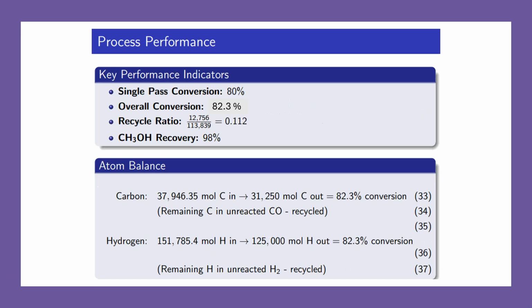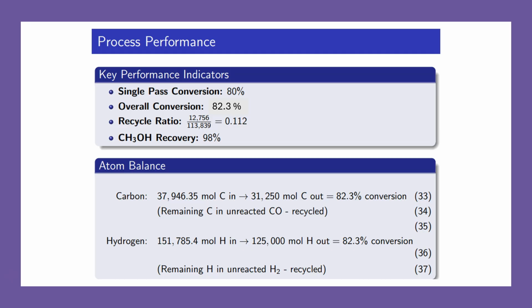Now here, single pass conversion is already given in the problem, the 80%. Now overall conversion is 82.3%. If I do the atom balance, there is 37,946.35 mole of carbon in and 31,250 mole carbon out, so conversion is 82.3%, and the remaining carbon is unreacted carbon monoxide in the recycle.